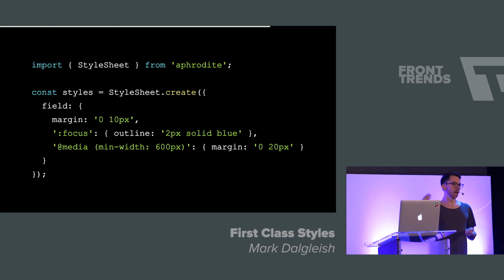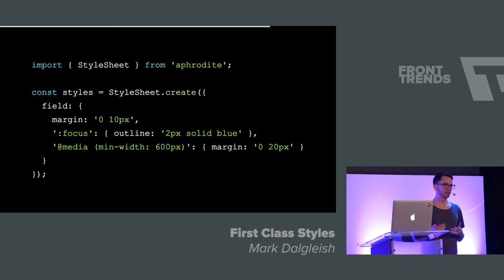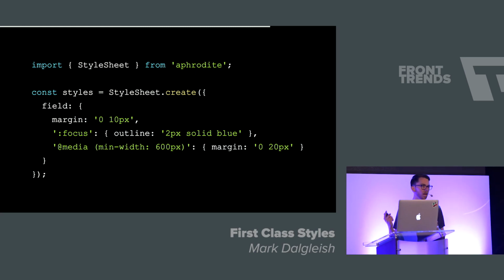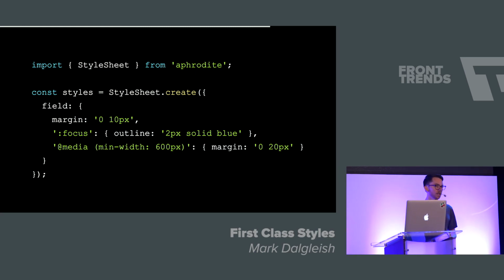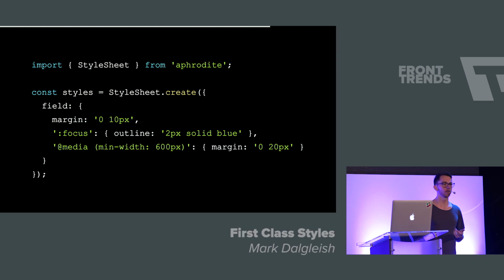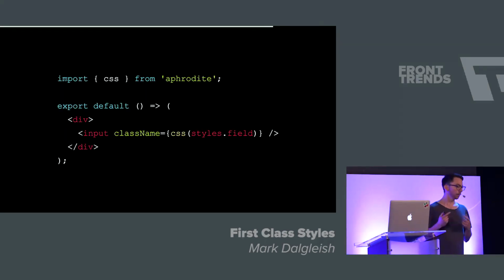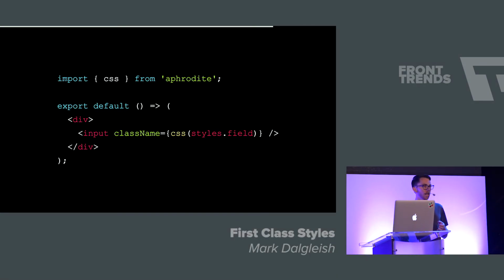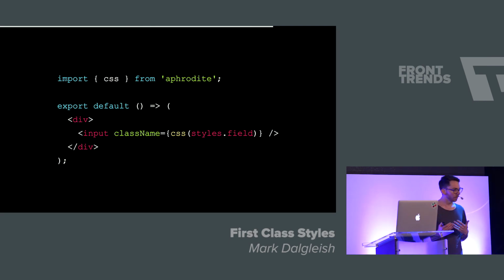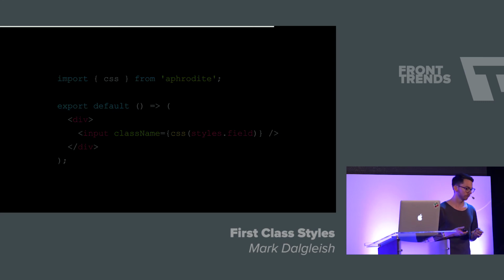So here we're styling a field, and while we can set the typical inline style properties we would have done before, like margin, we've also created focus styles and a media query, things that you can't do in inline styles. That's really interesting. And the way it works is you can take these styles and attach them to the class name attributes of your elements. So now you've got CSS and JavaScript, but all of your styles are using the full feature set of CSS.